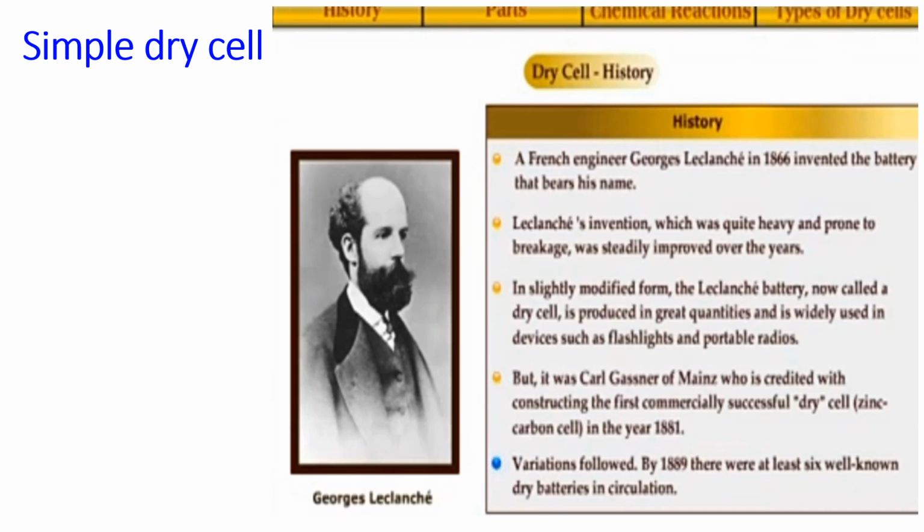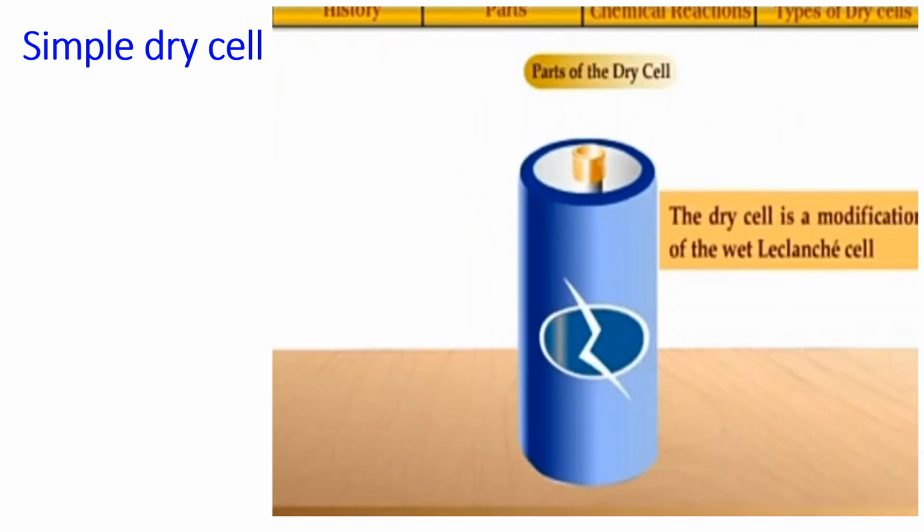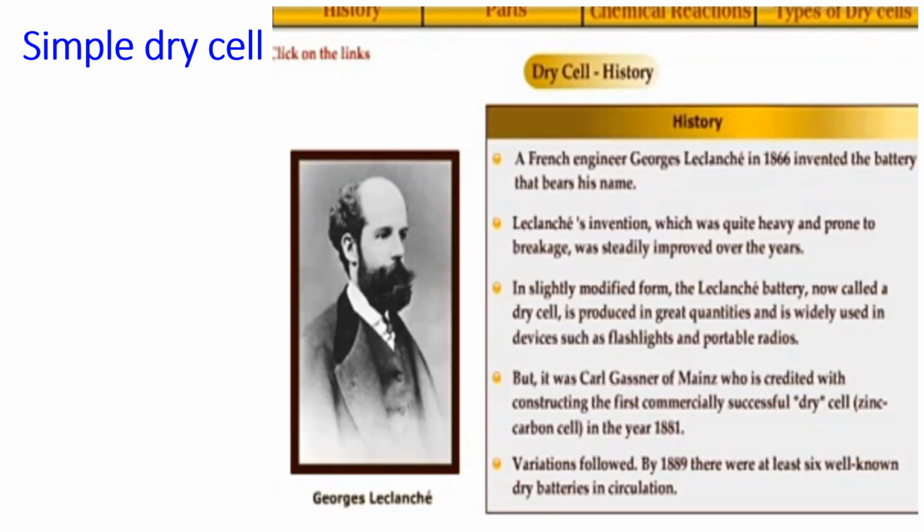In 1881, Carl Gassner of Mainz is credited with constructing the first commercially successful dry cell, the zinc dry cell, in other words, the zinc carbon cell.